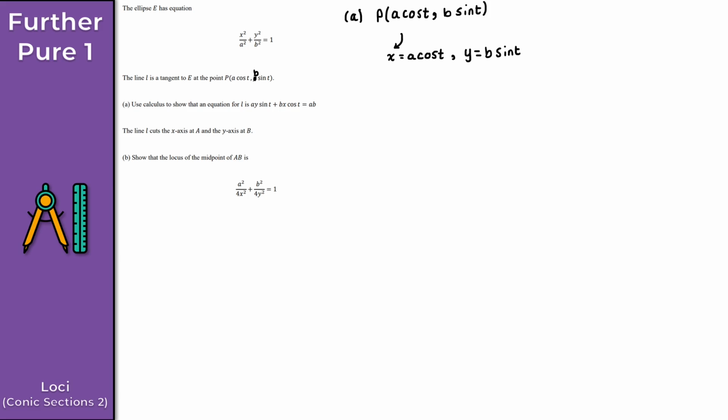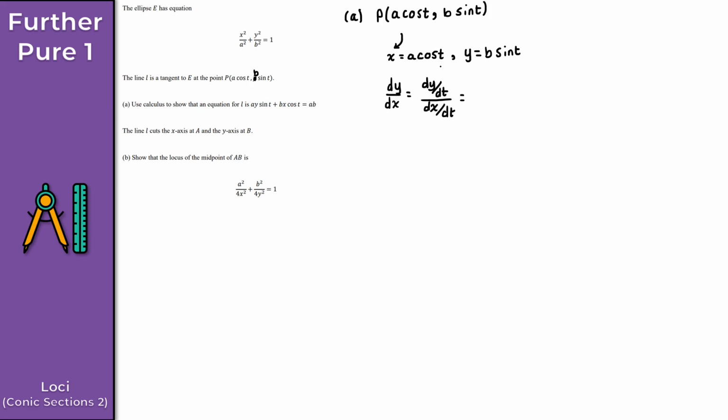Now, we want the equation of the tangent at the point P. So we need the gradient at this point P, which means we need the derivative, dy by dx. Based on parametric differentiation, dy by dx is equal to dy by dt all over dx by dt.